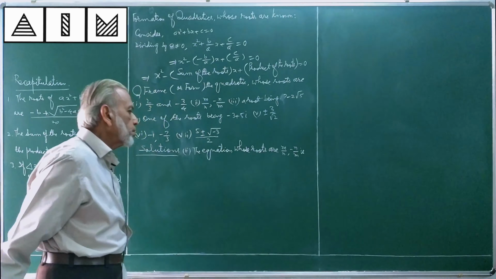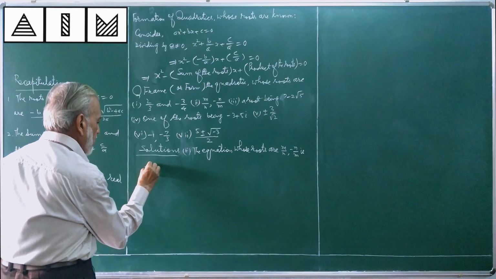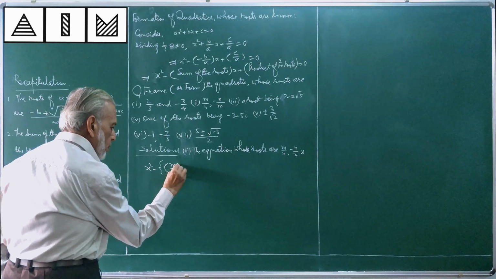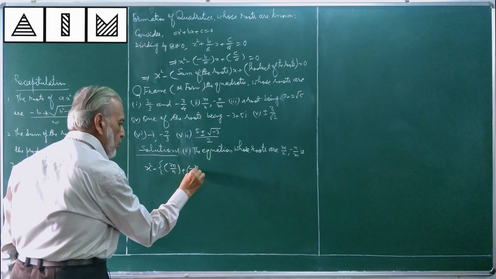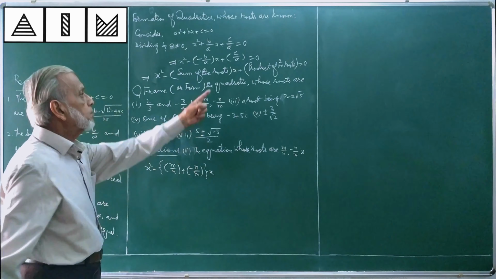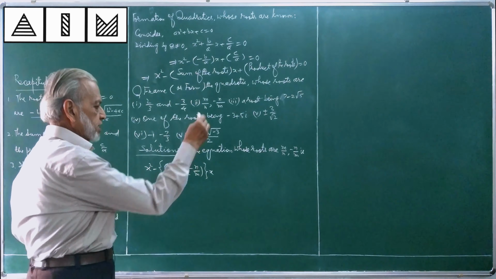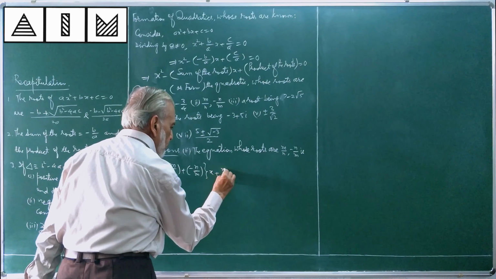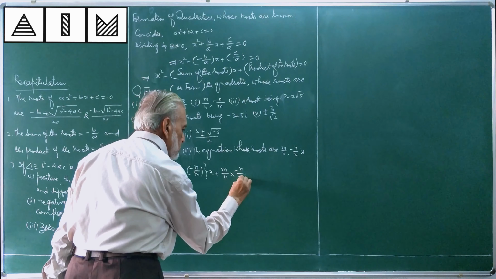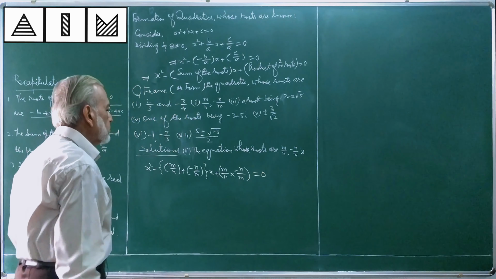The method is here: x square minus sum of the roots into x plus product of the roots is equal to 0. Let us simplify.